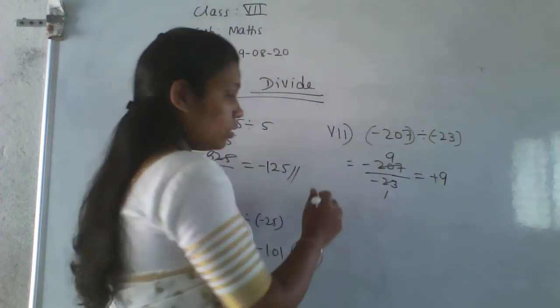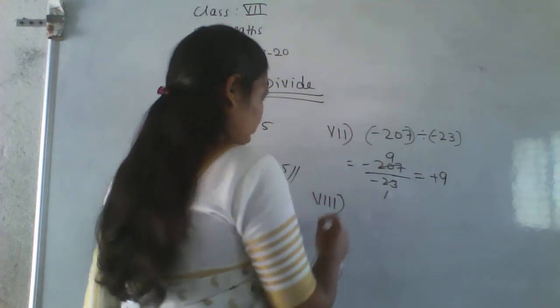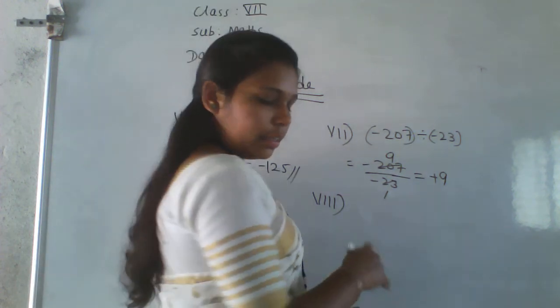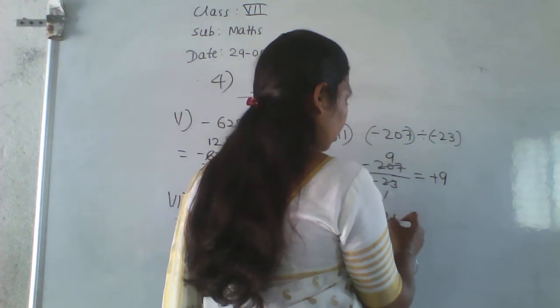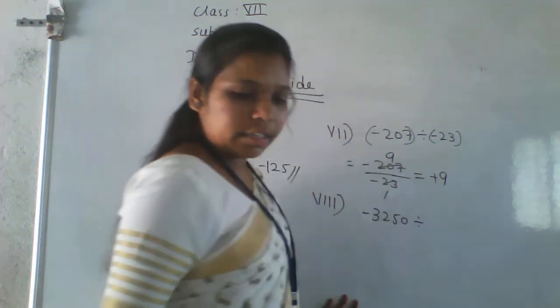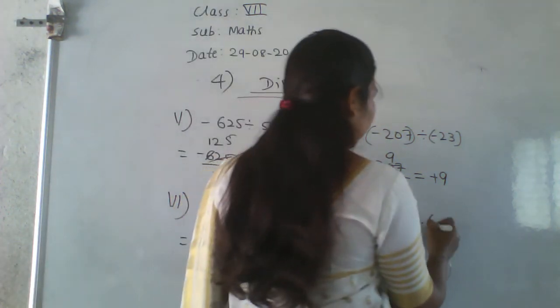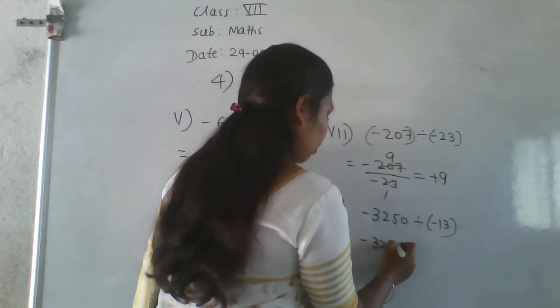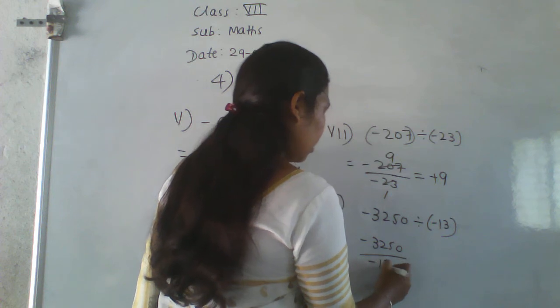8th one. 8th one we will do now. That is minus 3250 divided by minus 30.